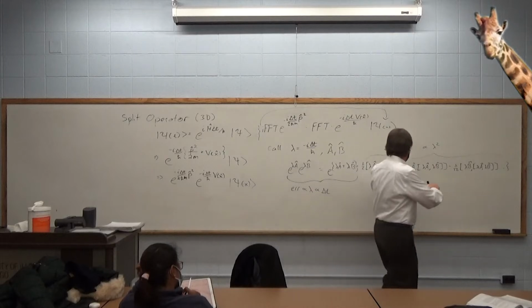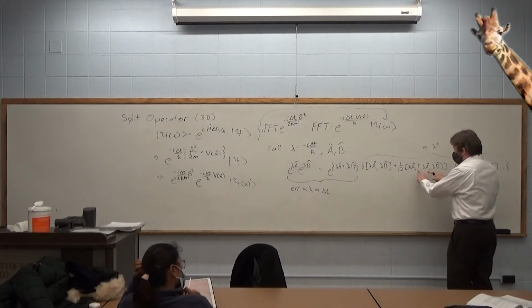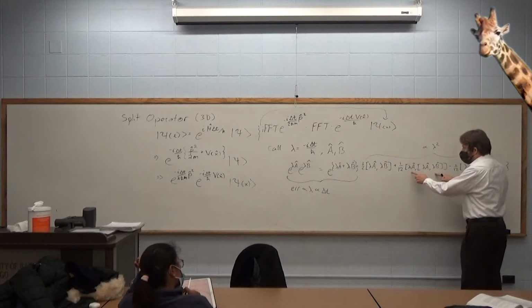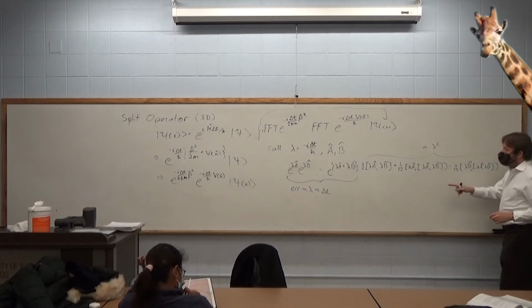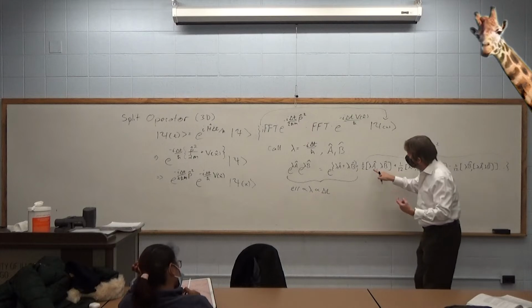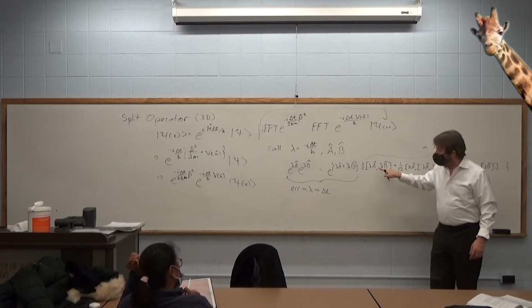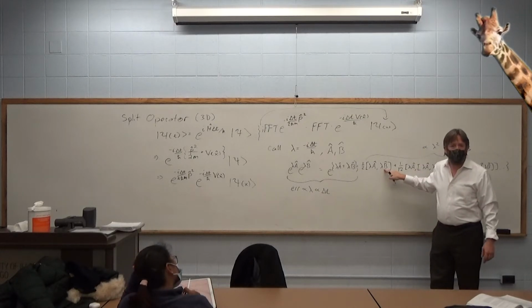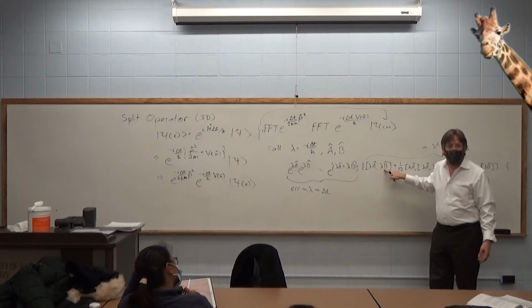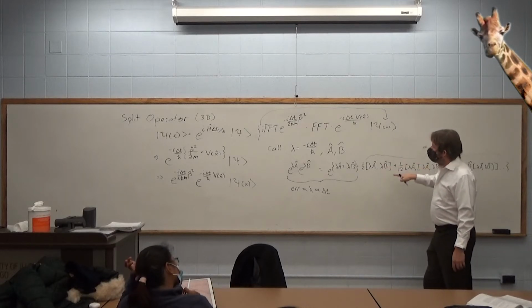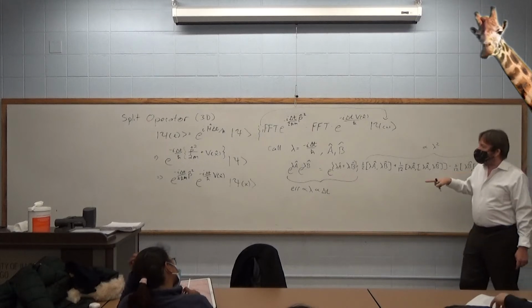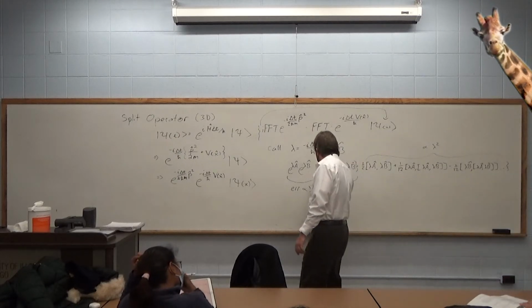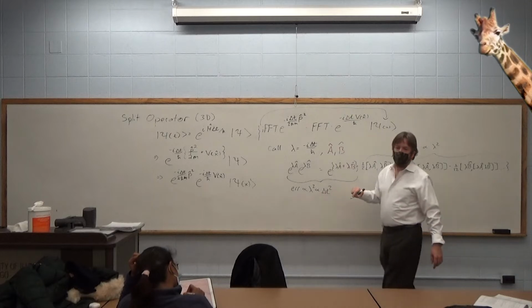I can see lambda squared here because you have two commutators, both with lambda. Oh, wait, of course there's lambda squared, right? This times that, lambdas get multiplied. Okay, I see it now. So these have lambda squared, so your error is proportional to lambda squared, which is proportional to delta t squared.